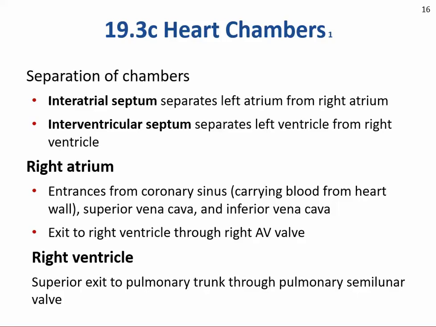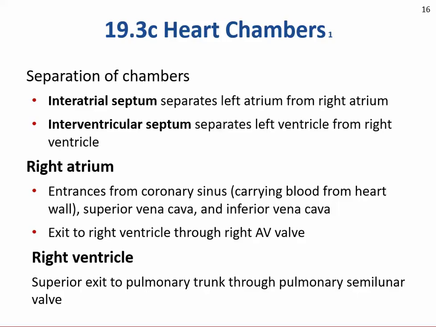So, the right atrium, as we've already said, takes blood from the superior vena cava, from the inferior vena cava, and from a place called the coronary sinus. And this is from the heart itself, from the blood vessels that nourish the heart, the coronary arteries.